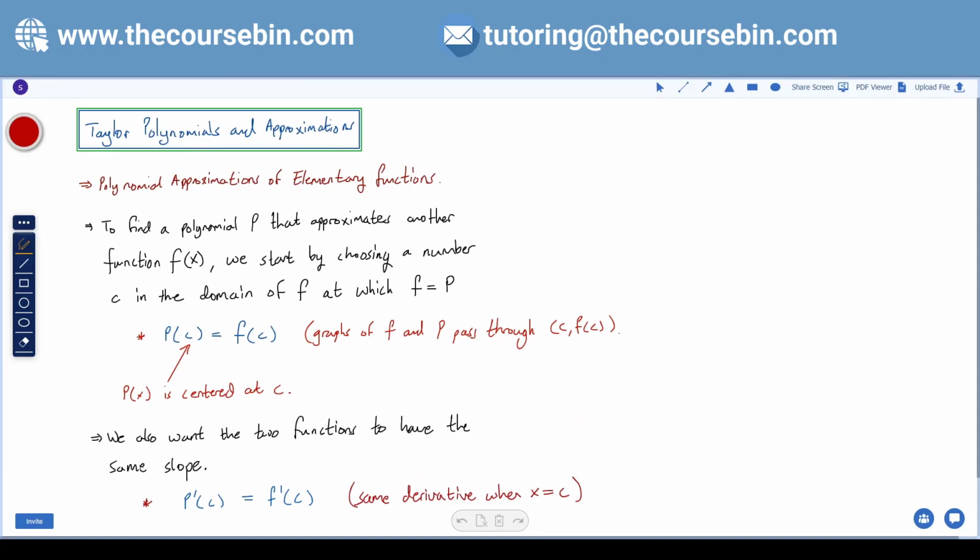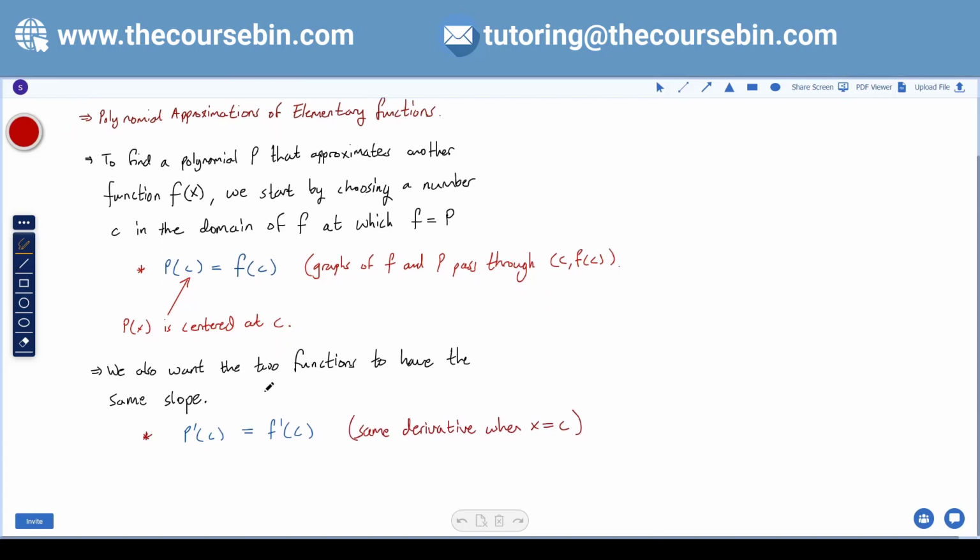With these two requirements, what you can create is called a linear approximation. In other words, you're just creating a straight line that passes through C comma f of C with the same slope as f of x when x is equal to c.